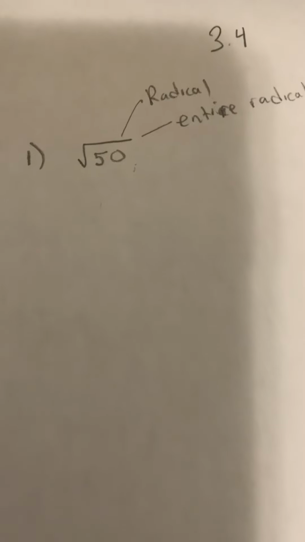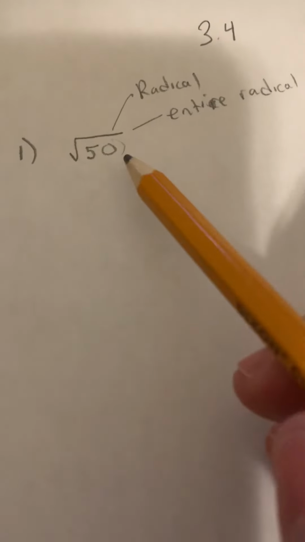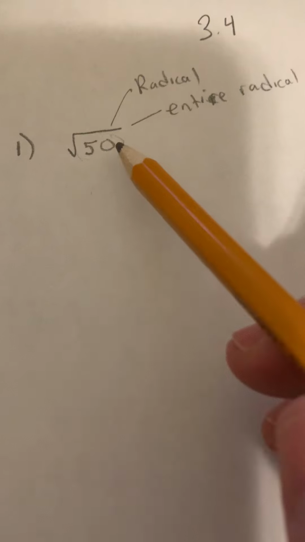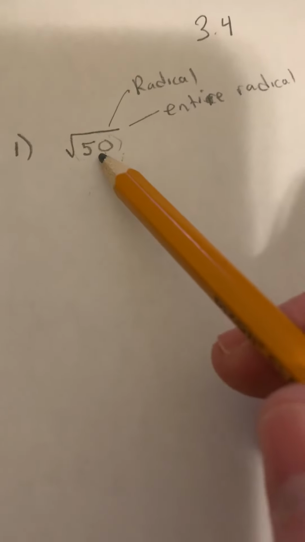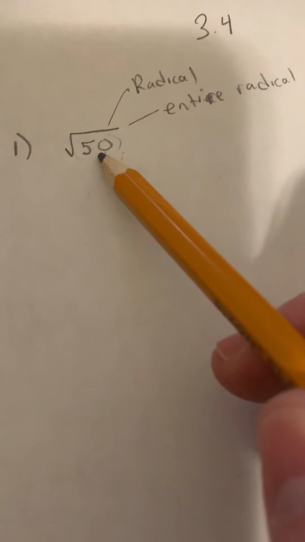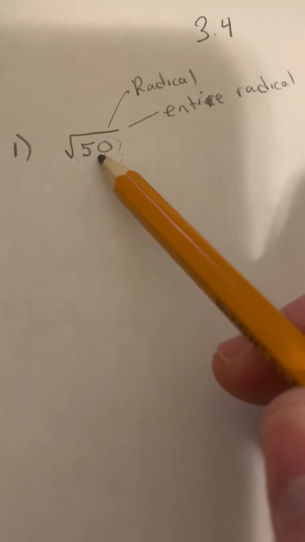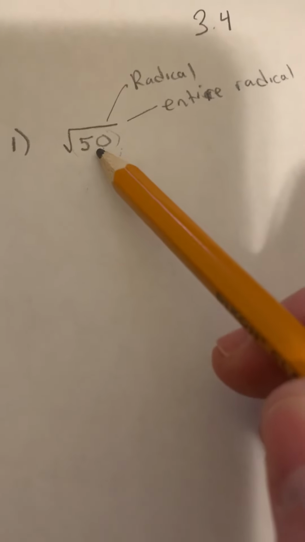The way we simplify it is we break down the number under the radical sign, 50, into two numbers that multiply to 50. One of the numbers we break it down into must be able to be square rooted.